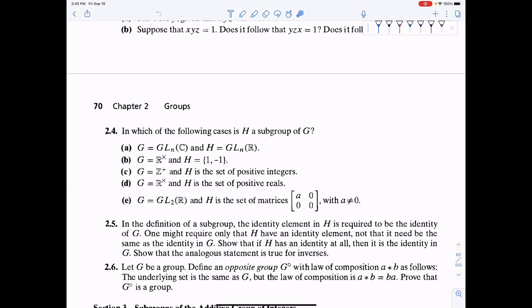No, so you're checking, well, so all of these are going to be subsets, yes? So H is going to be a subset of G here, right? And it's a subset and the operation is going to be the same, right? You're always using the same operation.